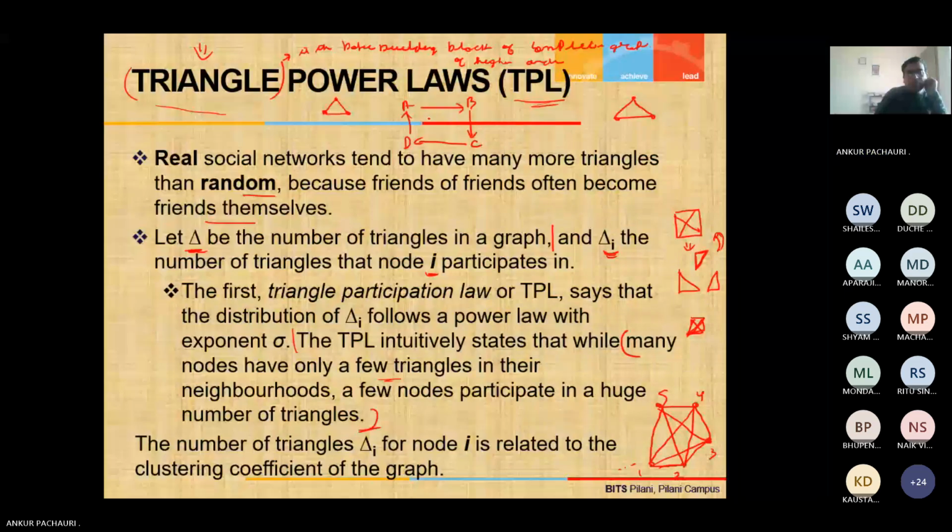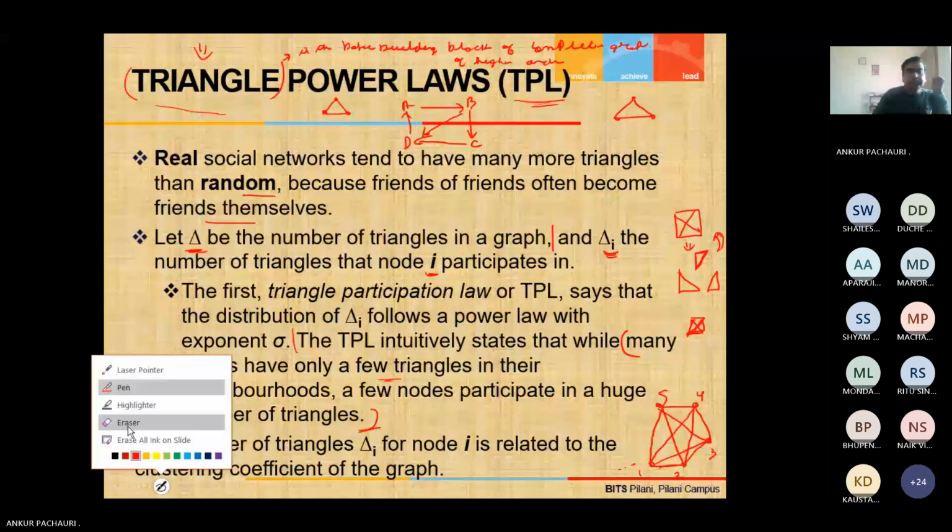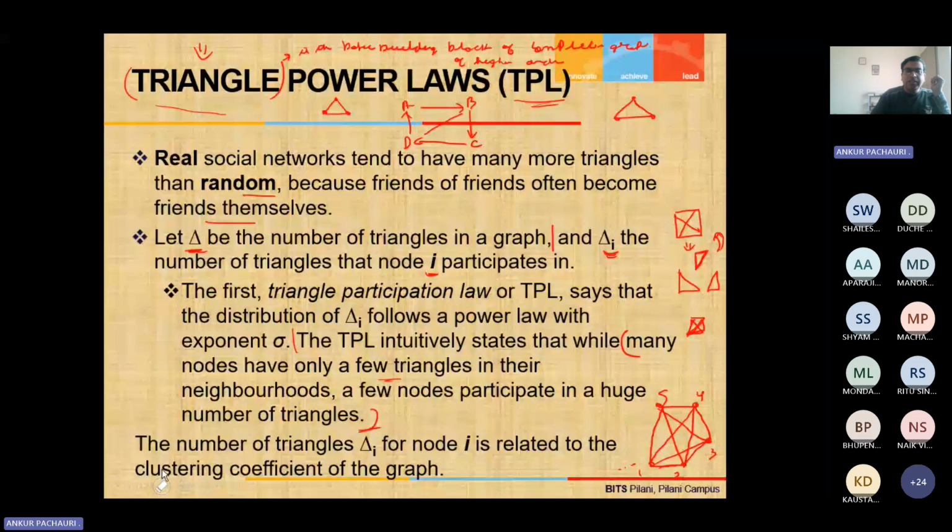Now suppose there can be one triangle. In that case, if this is the direction, then A to B, B to D, and D to A will be one triangle. If I reverse the direction, will there still be a triangle? No. B to C, C to D, then D to B will be a different triangle.